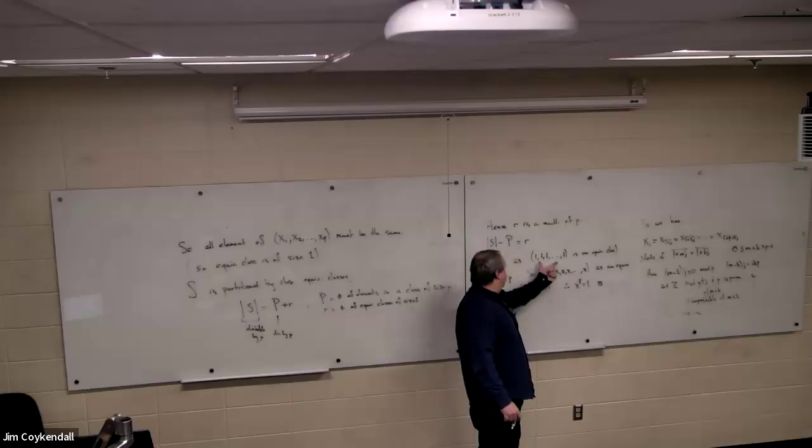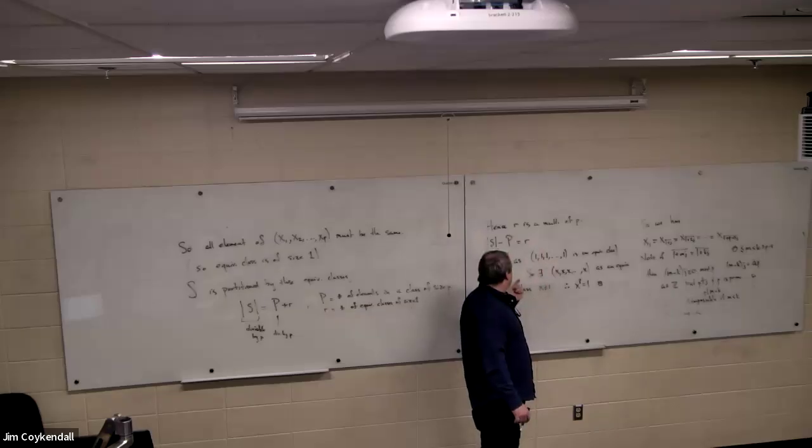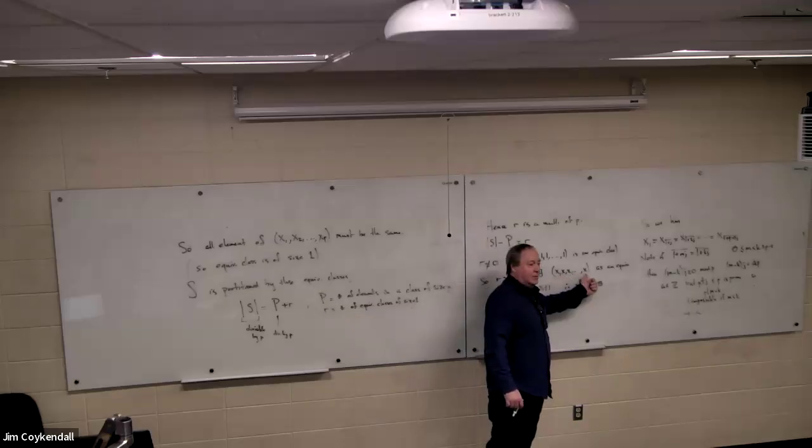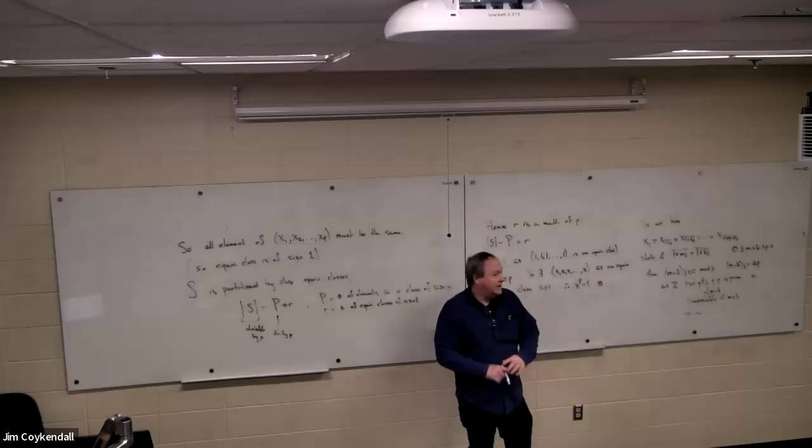Then we showed that the number of such equivalence classes must be a multiple of P and not 0. So it's got to be at least P. So there's got to be at least one equivalence class that looks like this with X not equal to 1. And so X to the P equals the identity.